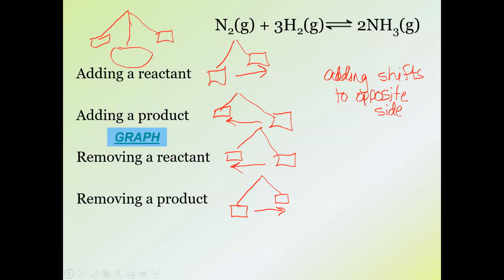So adding is going to shift equilibrium toward whatever the opposite side of the reaction is from what we added. Removing is going to shift to the same side. So if we take away reactant, we have to replace what we removed. If we take away product, we have to replace what we removed. So it will go towards that product side.